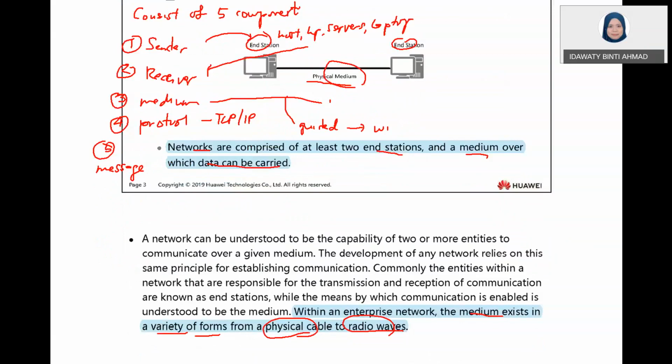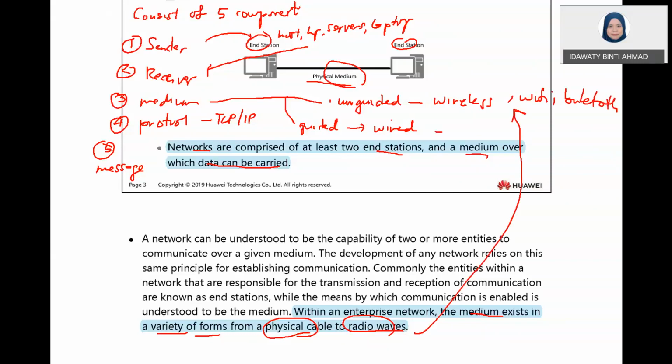You have a cable, you have a conduit, and you guide the signal in a cable. Another one is unguided medium, which means wireless, radio wave, Wi-Fi, Bluetooth. This is a type of network that is unguided.